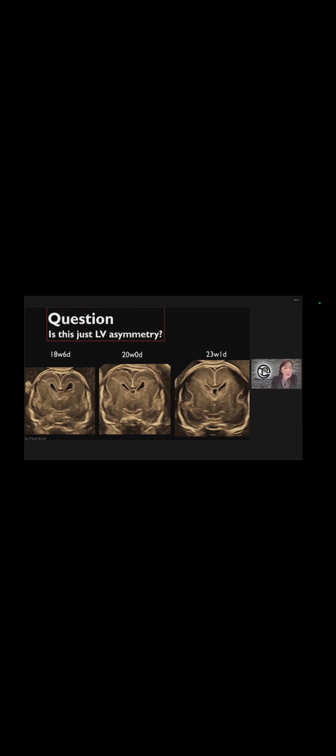This is 18 weeks, and 20 and 23 weeks of gestation. You can see the very asymmetrical structure of the anterior horn. However, something here concerns me. Here, this is 18 plus 6, and you can see this is a wedge of the lateral ventricular wall.